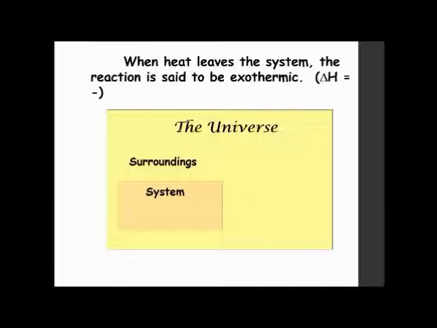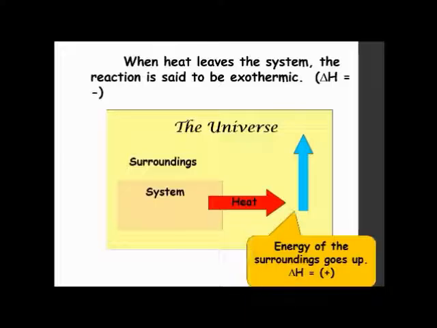In this case del H will be negative for the system, but positive for the surrounding. That means heat exerted by the system is negative and heat going into the surrounding is positive.